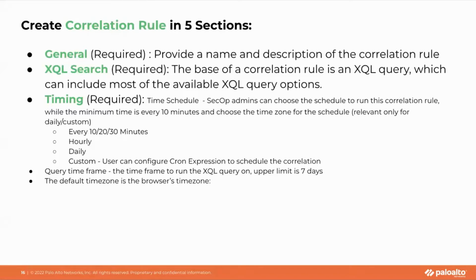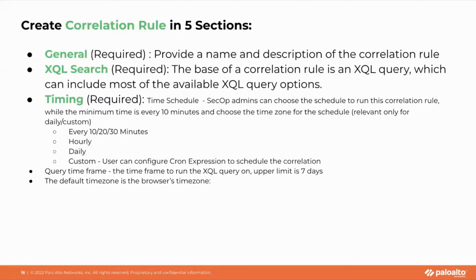The SecOps analyst can start from within the SQL query screen to build and test the query for the desired results and save as a correlation rule. Alternatively, the SecOps analyst can create a new correlation rule from the correlation screen and enter the SQL query in place, or pivot to the open full query mode to the SQL search screen.